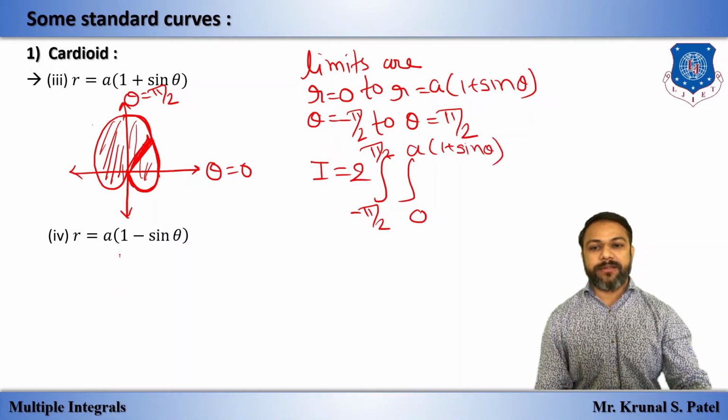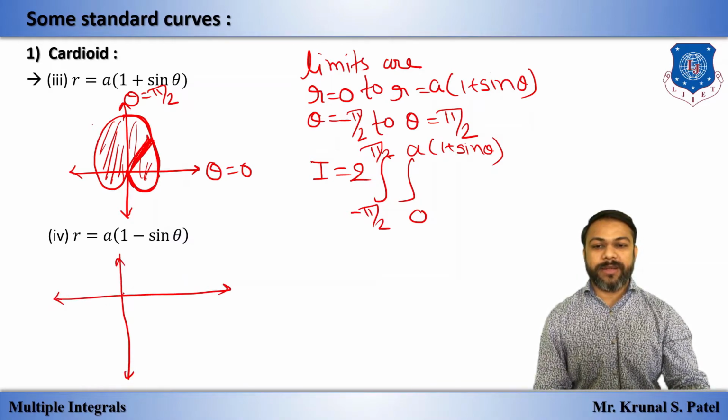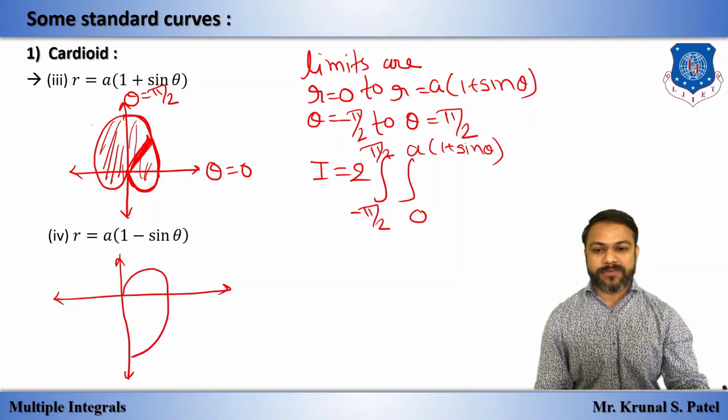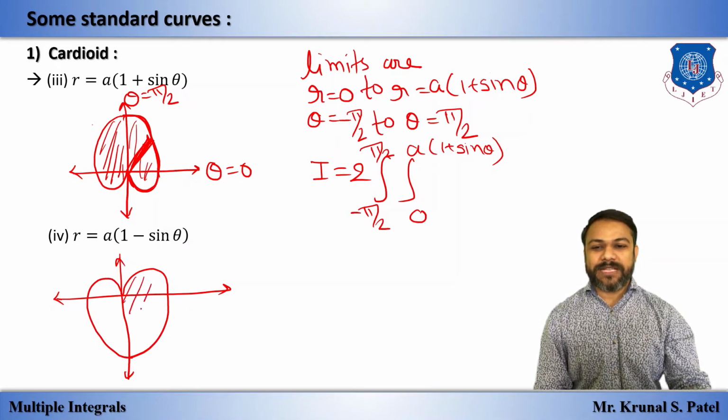Similarly, we have 1 minus sin theta that we have to draw, and we have to find the limit by yourself. You are expert in this drawing of cardioid, right? So we have this right hand side part, 0 to, as we have told, curve.